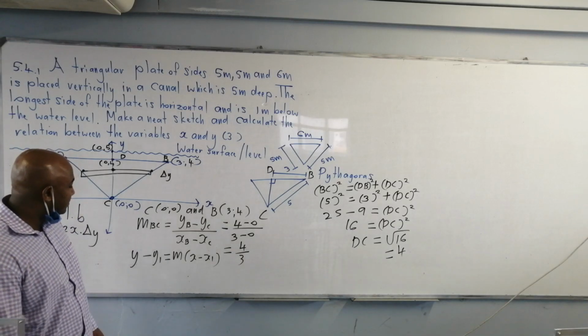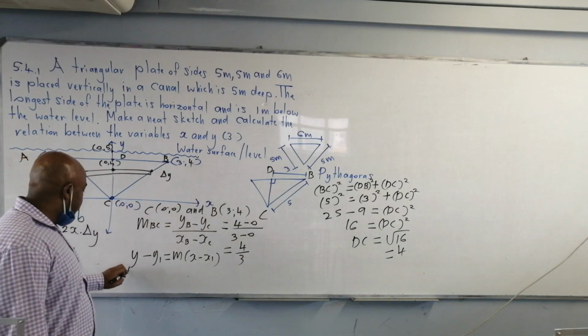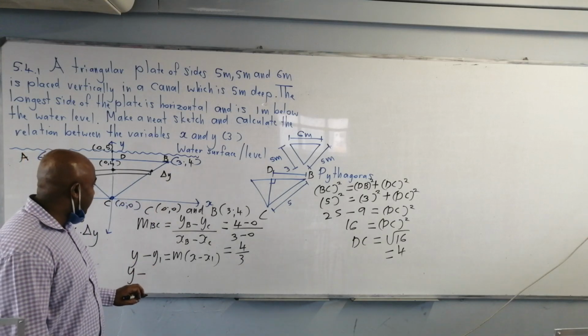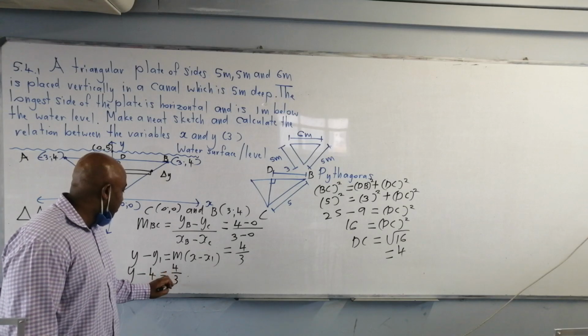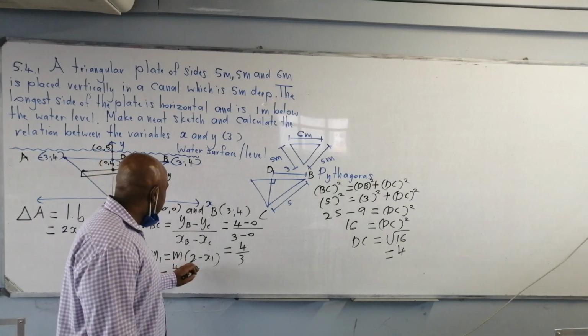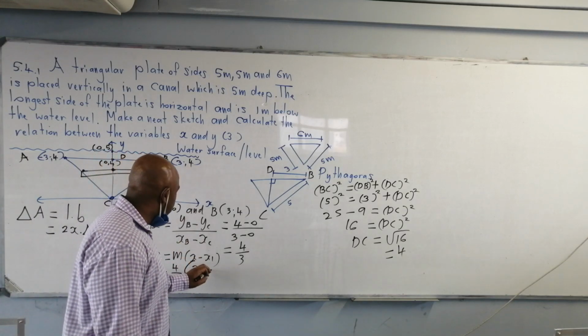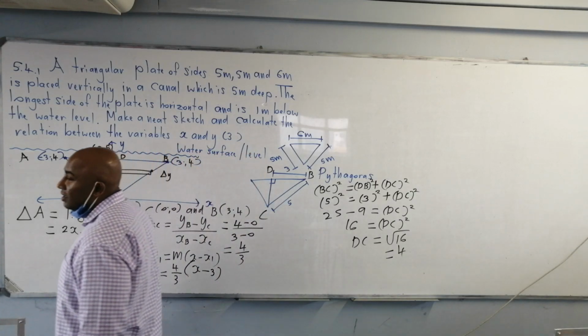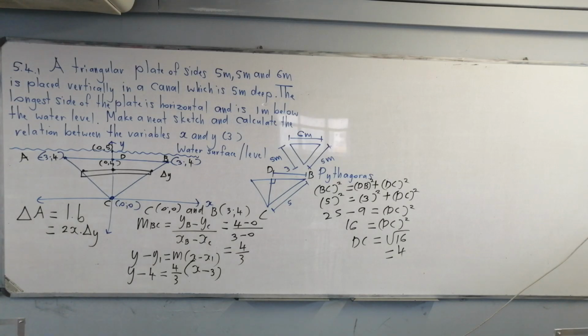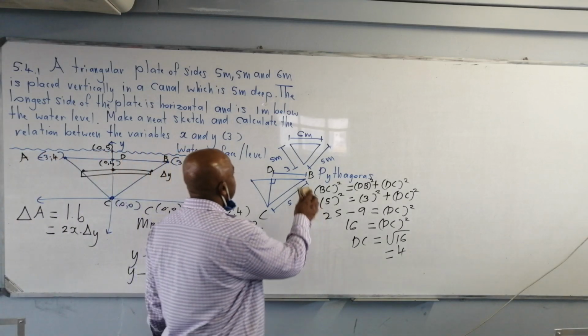Right, so we got y minus 4 is equal to m, which is 4 over 3, and then you got x minus x1 there, which is 3. So now, let's make y the subject of the formula. In fact, we need to make x the subject of the formula.